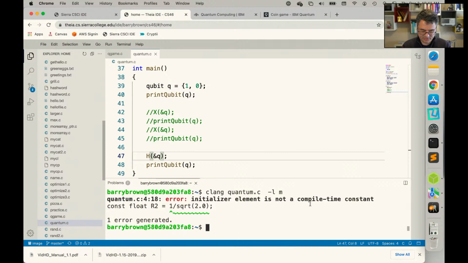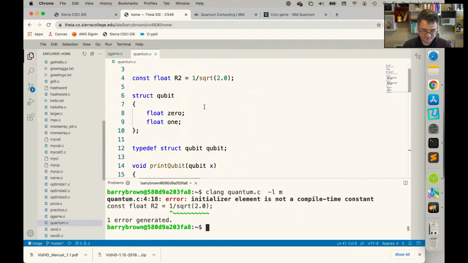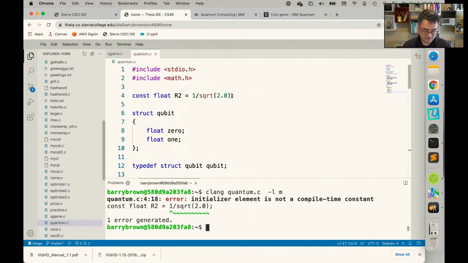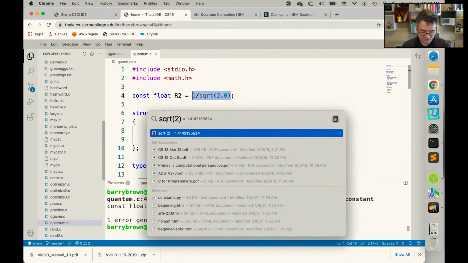Initializer element is not a compile time constant. Oh. You know what I'm going to do? Was it 1.414? Can I just copy that? 1.41421.